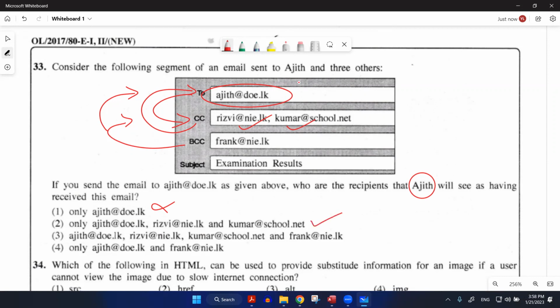Yes, that's the correct one. Ajit, Rizvi, Kumar and Frank is wrong. Only Ajit and Frank, not Frank. Ajit cannot see that Frank is BCC. Blind carbon copy is there to send a particular email in a secret way to a receiver. So once Frank receives it, Frank can see every one of these, but none of them can see Frank.